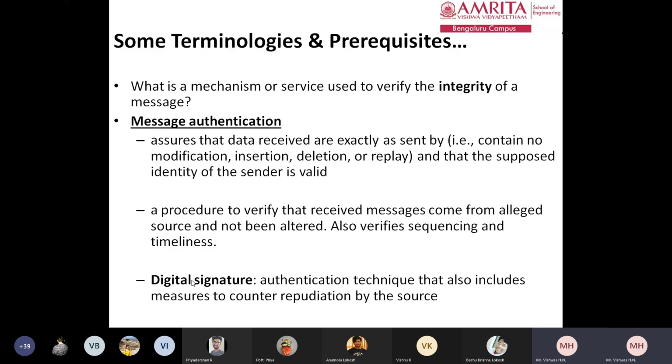Let me give an example. In some companies, if an employee would like to access the computer, it is multi-factor authentication to reach that particular system. To get into the premises you have to give your fingerprint so that the door will open, or you have to scan your ID card so that the door will open.